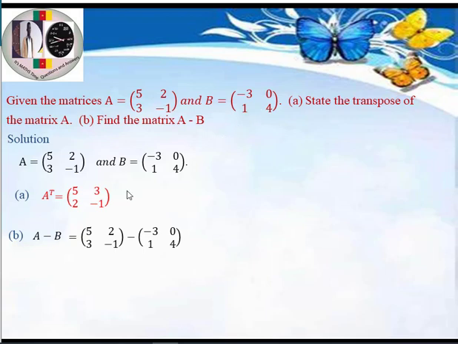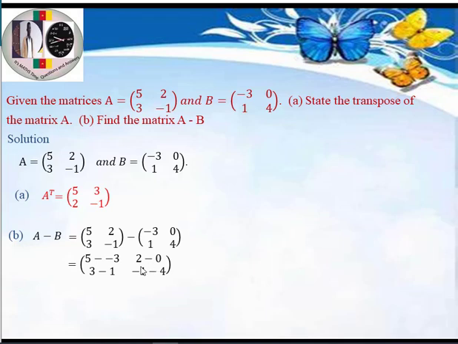So for us to do this, we are going to subtract minus 3 from 5, 0 from 2, 1 from 3, 4 from minus 1 to give us 5 minus minus 3, 2 minus 0, 3 minus 1, and minus 1 minus 4.